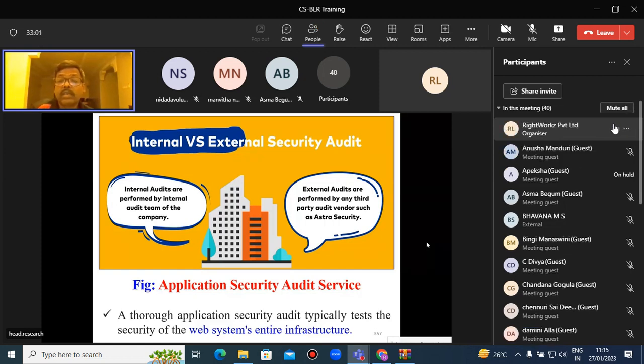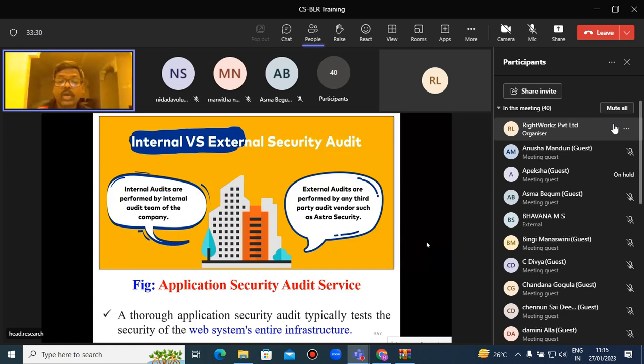External audits are performed by any third party audit vendor such as Astra Security. One example I am giving: in an organization or industry, AICTE, NAAC, NBA are the auditing bodies. They directly visit the organization.